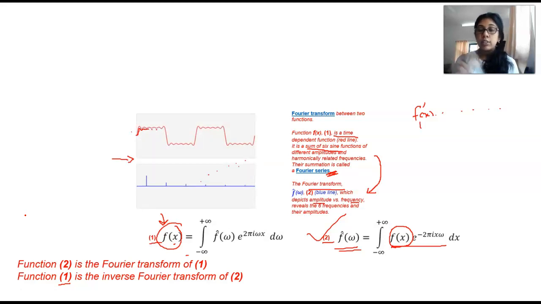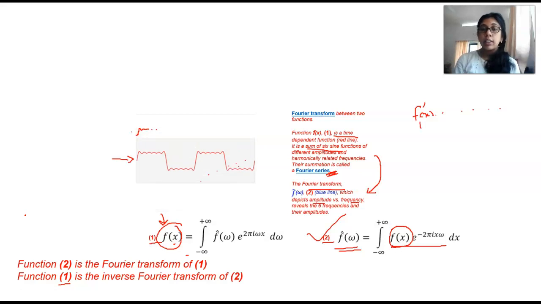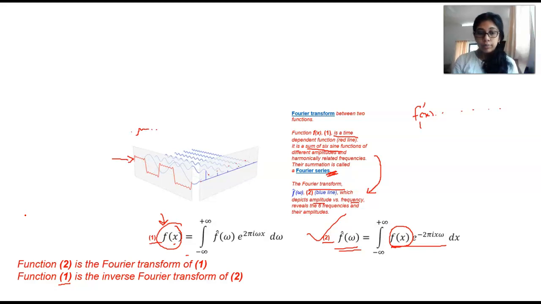From the Fourier series you can convert that particular periodic function to a Fourier transform by Fourier transformation equations, and by this method you will be converting the time domain functions to a frequency domain function. So this is not a very in-depth explanation. You can go further and understand more about Fourier transformation, Fourier series, etc.